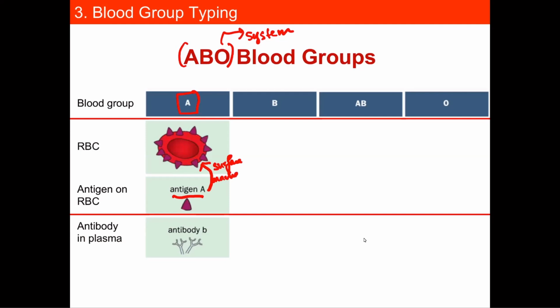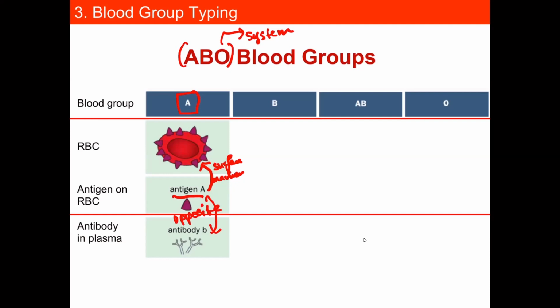However, for the antibody, we are going to have antibody B. It is actually opposite. So the antigen on the red blood cell for blood group A is antigen A, but the antibody is opposite.